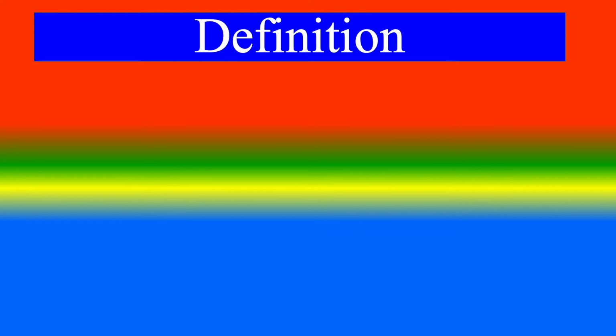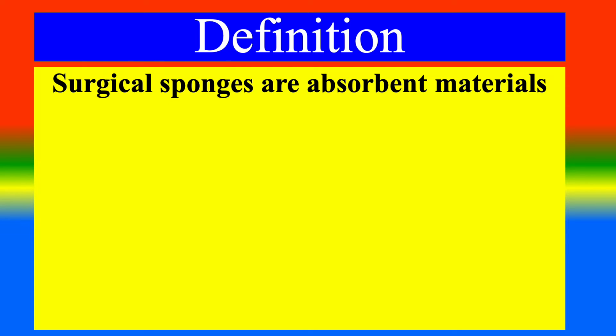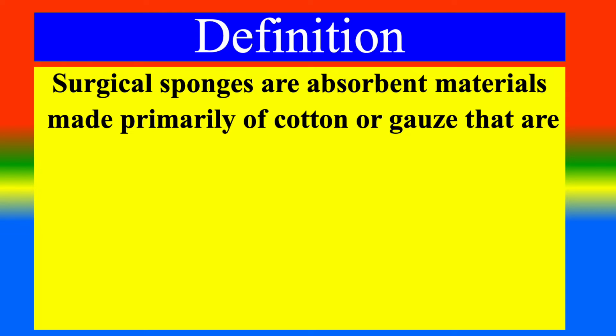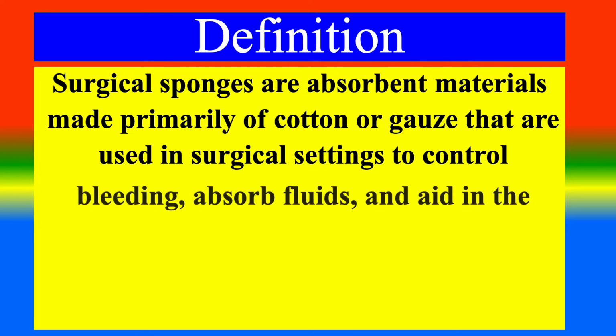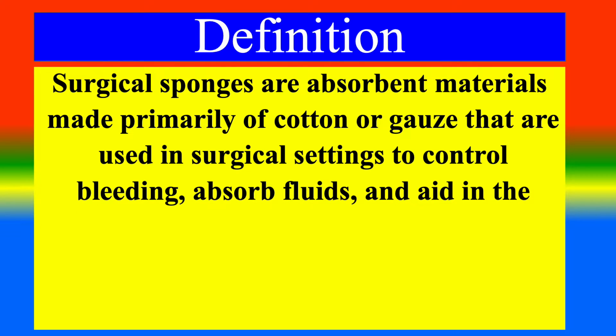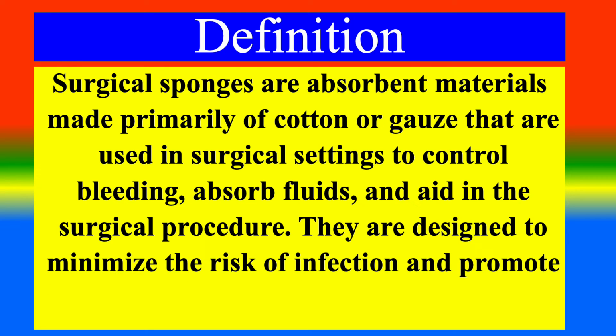Definition: Surgical sponges are absorbent materials made primarily of cotton or gauze that are used in surgical settings to control bleeding, absorb fluids and aid in the surgical procedure. They are designed to minimize the risk of infection and promote healing.